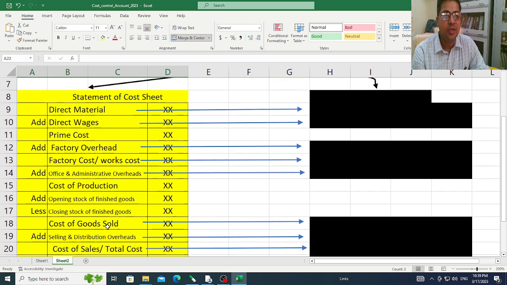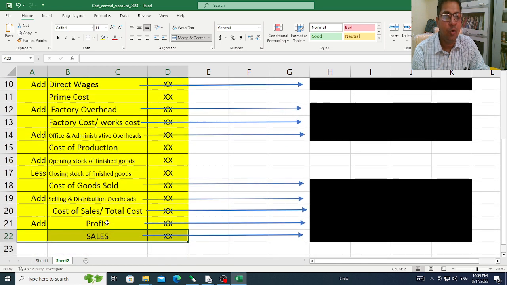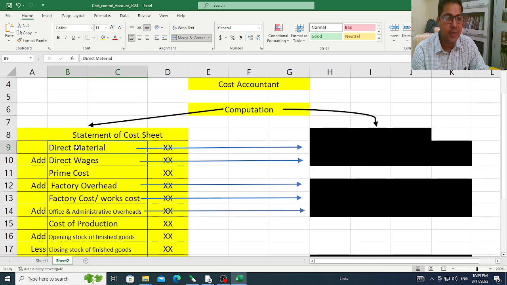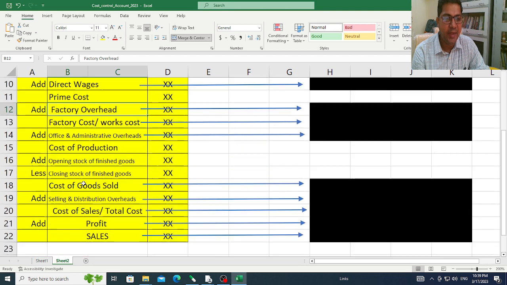In that, we record our overheads. Overhead means expenses. Direct material plus direct wages is equal to prime cost. Add factory overheads, the expenses related to the factory. Then office and administrative expenses, those related to the office and administration. Then we get the cost of production.